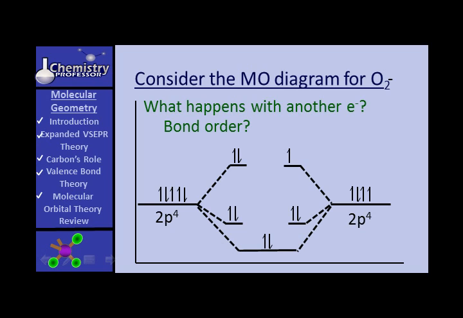What's the bond order that we have here? And the bond order is 1.5. Is this paramagnetic or diamagnetic? Well, we know it's going to respond to a magnetic field because it has a negative charge. But it is also paramagnetic, so it would respond to a magnetic field even if it did not have a negative charge.